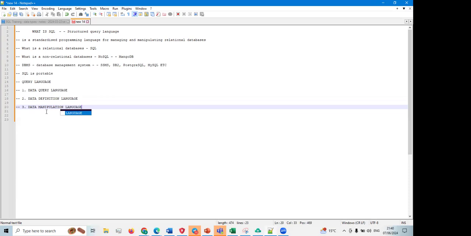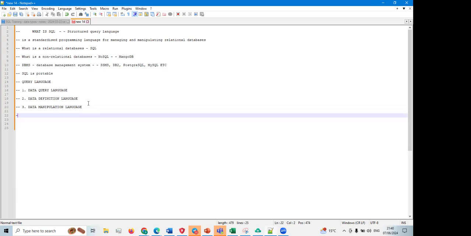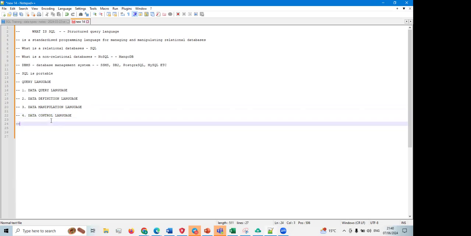We have data control language. And we have transaction control language. All of these here are subsets of SQL.